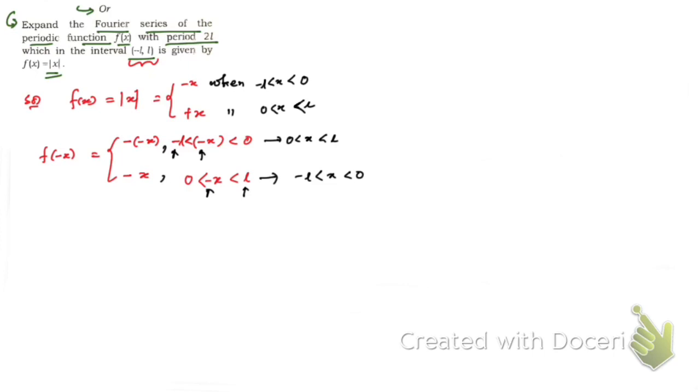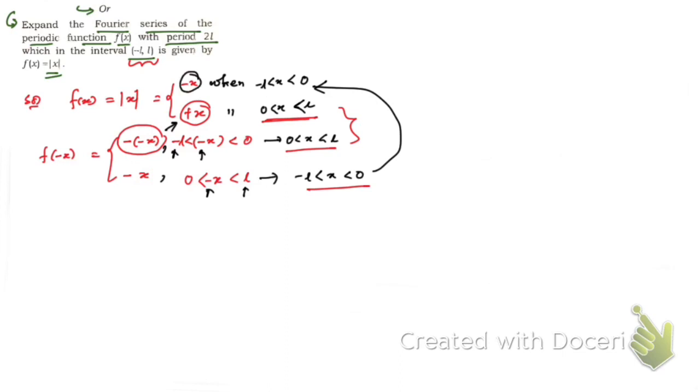And now you see, if you compare the intervals, x is greater than 0 and less than l, and their corresponding value, minus of minus x is plus x, right? Then if you compare this one with this interval, their corresponding values are minus x and here also minus x. So that means we can write from these two results, let me clean this a little bit.